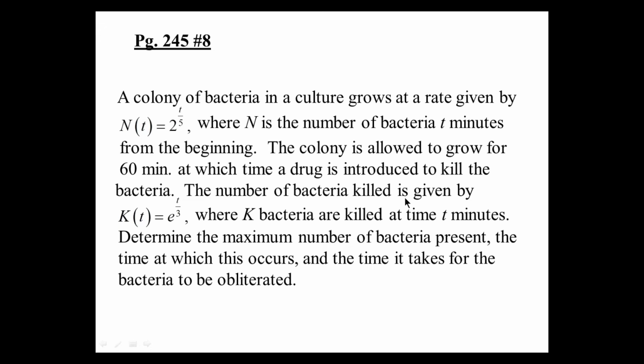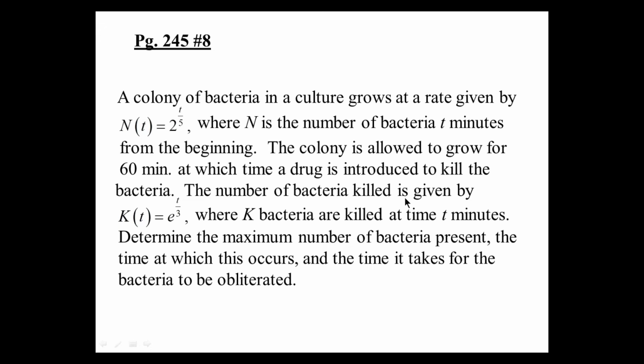Anyway, a colony of bacteria in a culture grows at a rate given by a function, n of t, equal to 2 to the t over 5, where n is the number of bacteria, t minutes from the beginning. The colony is allowed to grow for 60 minutes, at which time a drug is introduced to kill the bacteria. That would be an antibiotic.